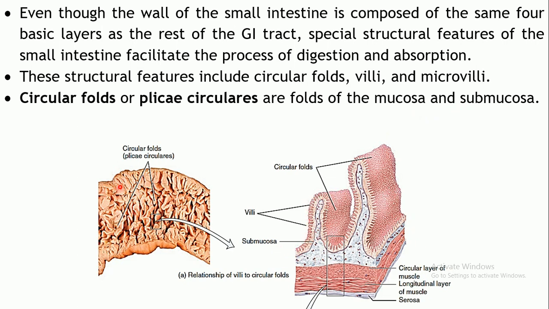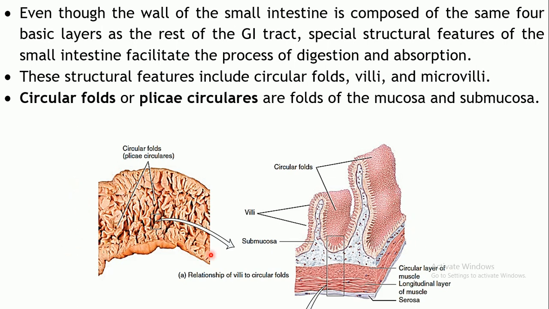As you can see here, these are clearly visible, just like we have seen that there are rugae in the stomach. Just like that, there are circular folds present. Why these are known as circular folds is because these are located along the circumference of your intestine.